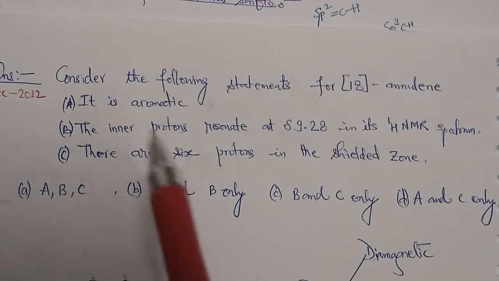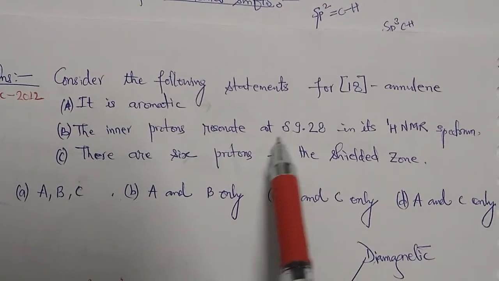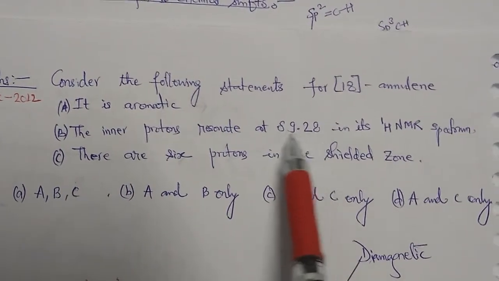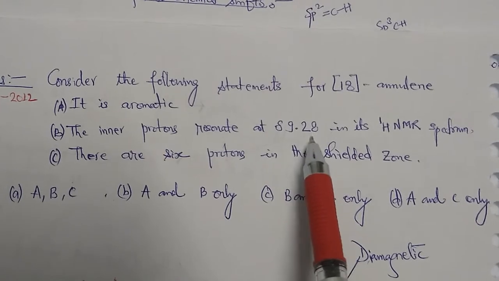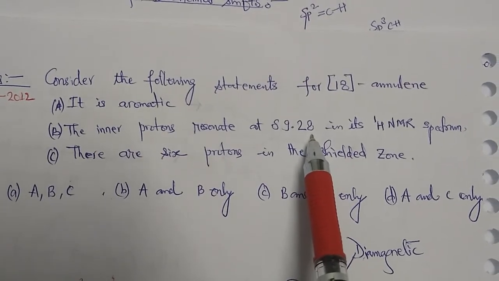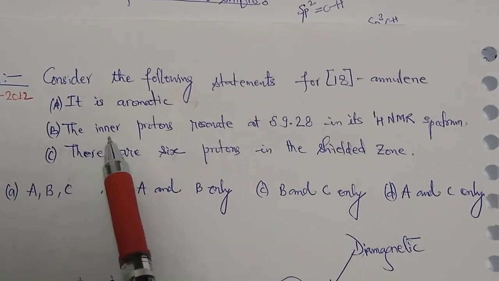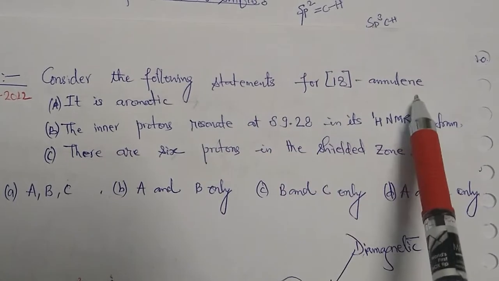Considering this, we now look back to the statements given in the question. The inner protons resonate at delta 9.28 ppm. Delta 9.28 ppm is a high chemical shift value, which is not possible for the inner protons of this [18]annulene.